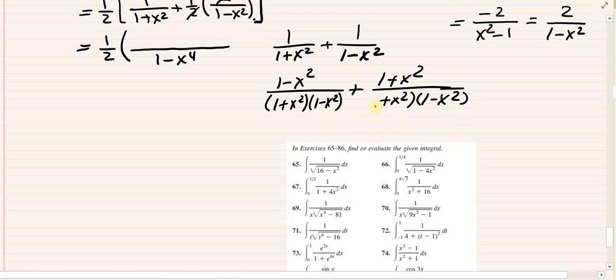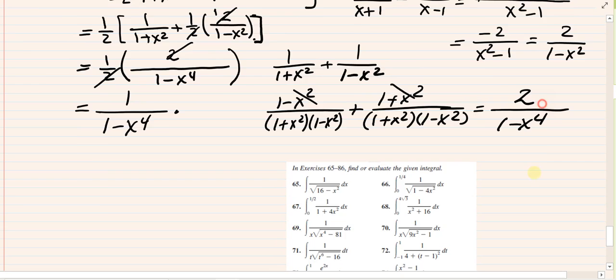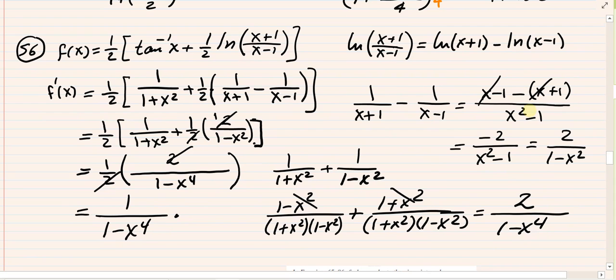Now I have a common denominator, right? And that's the product of the form a plus b times a minus b, difference of two squares. That's how I get 1 minus x to the 4th. Okay. In the numerator, I have 1 plus 1 is 2, and the x squares cancel. Interesting. So this is just 2 divided by that, and the half in front crosses out. So that works out really well. 1 over 1 minus x to the 4th. That's the answer to that exercise, number 56.